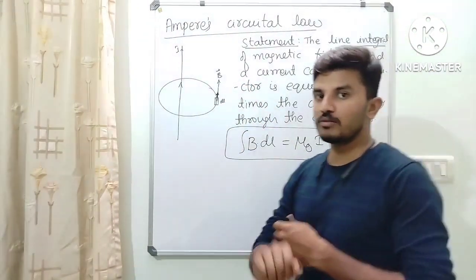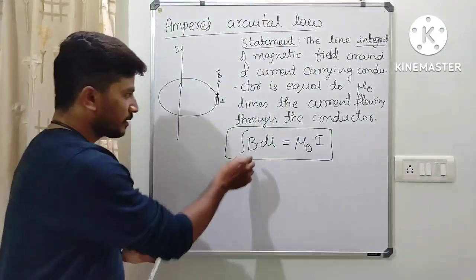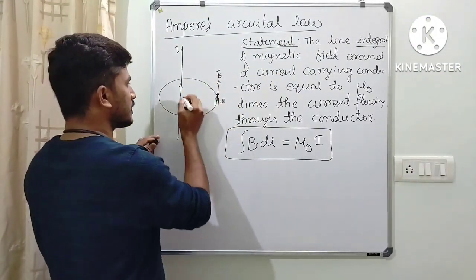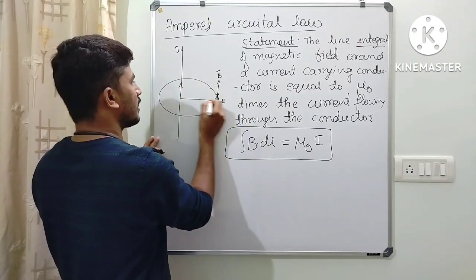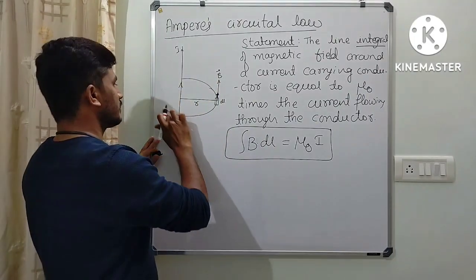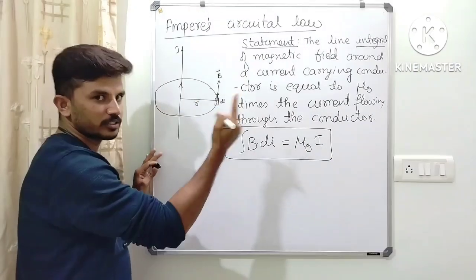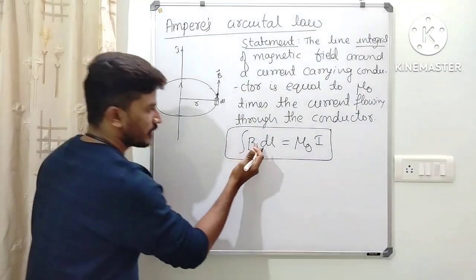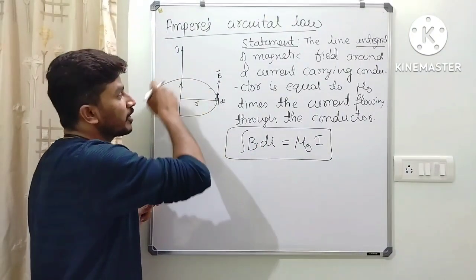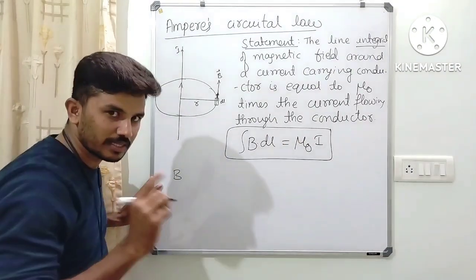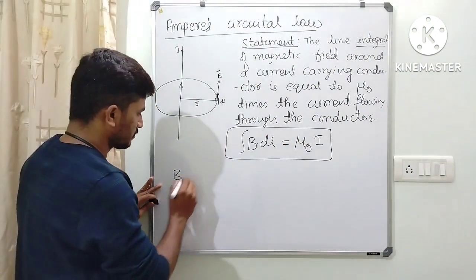Okay. If I solve this further, here I consider the magnetic field at this particular point in a circular path, so let us consider this is a circular path of radius r. If it is circular, this side also it will be r. So I can take this B outside because at that particular point the magnetic field will be constant. If you know integration better, you can understand this well.